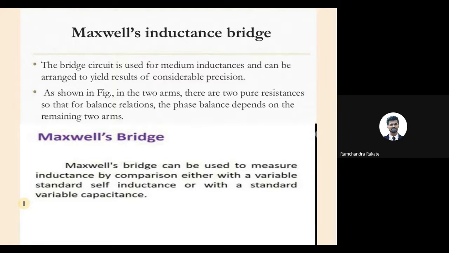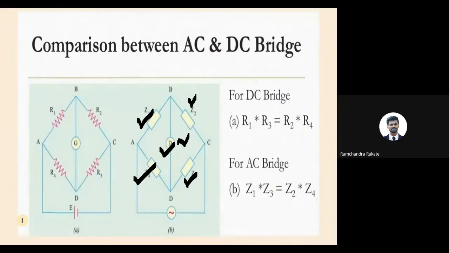Now let us start with the first one: how we can use this for the null method. That is the most important thing. Here we are using a detector. In DC it was a galvanometer, and in AC it's a detector.